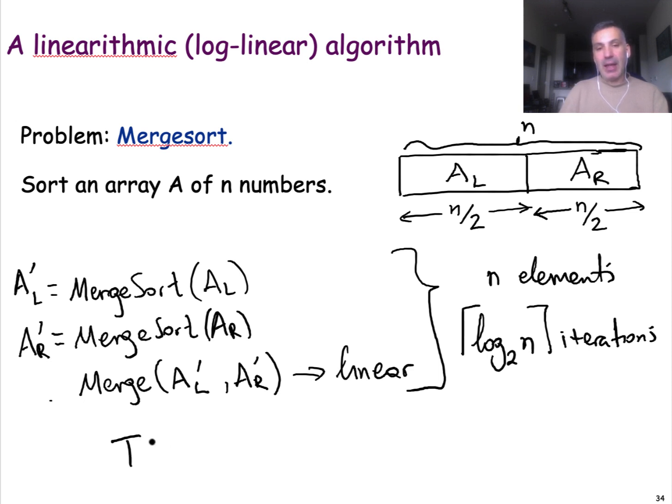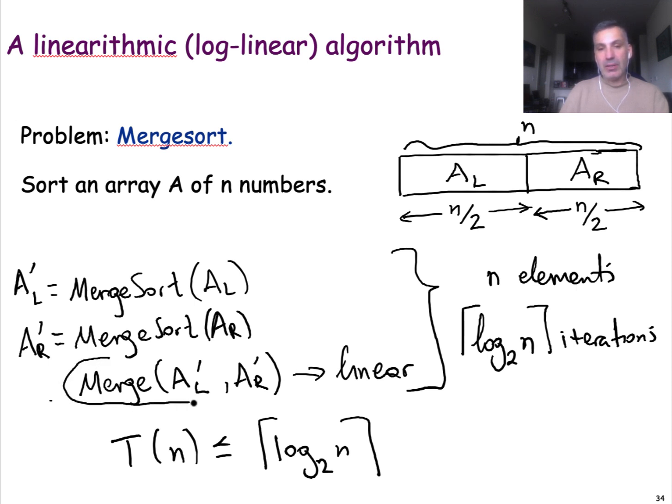So the running time eventually will be upper bounded by the number of iterations times the amount of work that we need to do in each iteration, and that work is to essentially merge two sorted arrays. But that can take a linear amount of time, right?